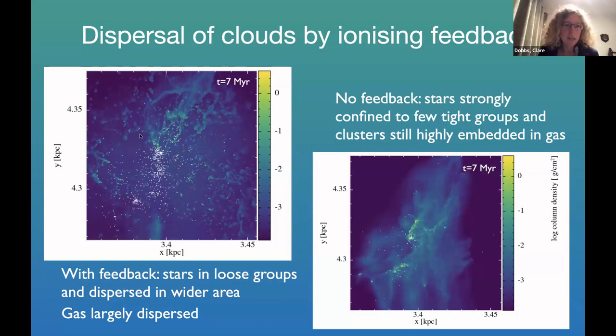So here, all this part is low density that's been ionized. And you've got an OB association here and here. Without the ionization, you've got these very tight, very dense clusters of stars, and these are still all associated with lots of gas.